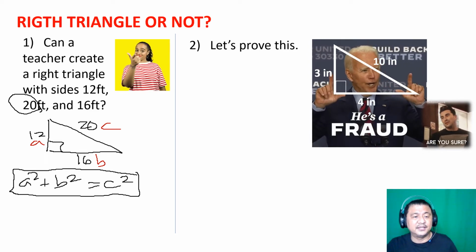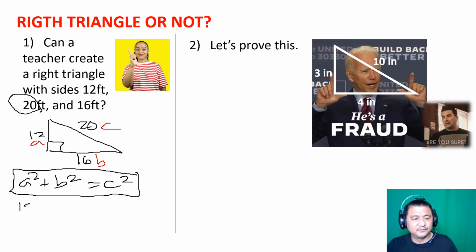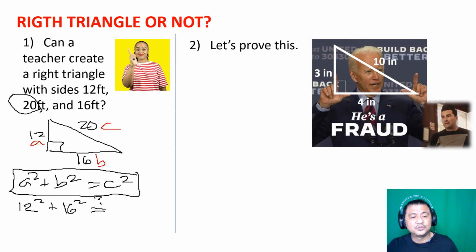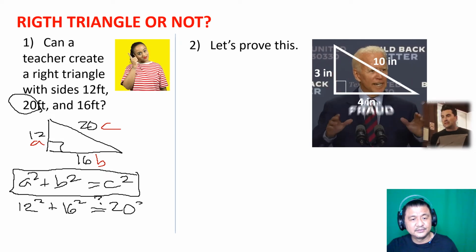Okay, let's plug it in. What's my A? Say it. 12. Put the square. What's my B? 16. Yes, write a square. Is it equal to 20 squared?